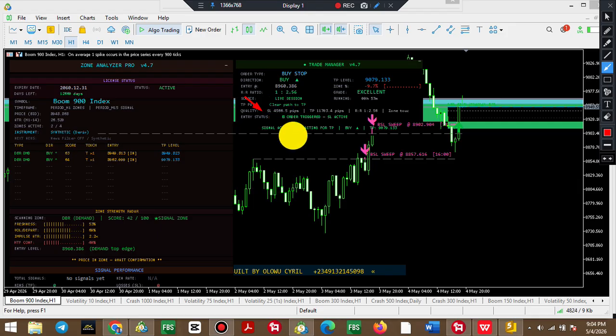Already, from the pop-up notification that you send to your mobile phone, the TP and the SL are there correctly in digits. It is only on the manager panel that it's in pips.